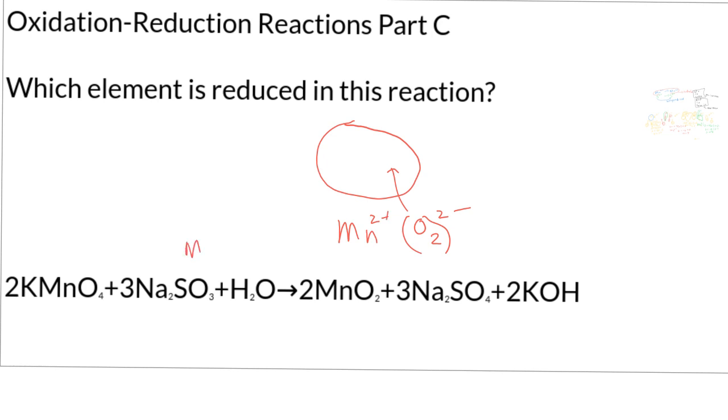But either way, you're still seeing your manganese reduced. So it doesn't really matter to the scope of this problem unless we were trying to balance it, but they already balanced it for us. And if we want to walk through the balancing process, which I don't, we could tell for sure whether it was peroxide or oxygen based on that balancing.